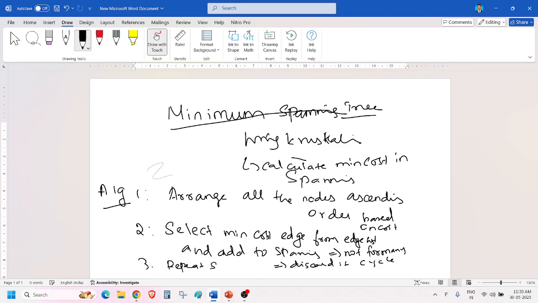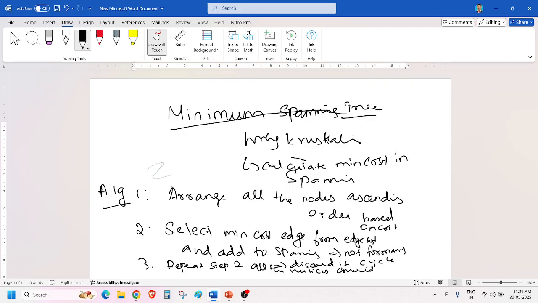What I said in step 2: you have to check whether all the vertices have been covered or not. So again, first you have to arrange all the nodes in ascending order based on the cost given in your problem.